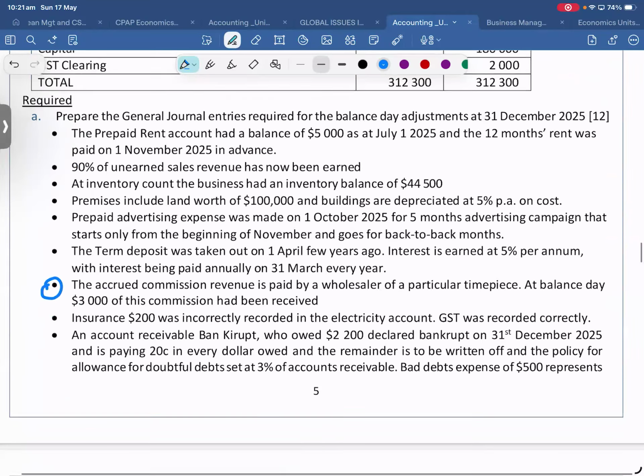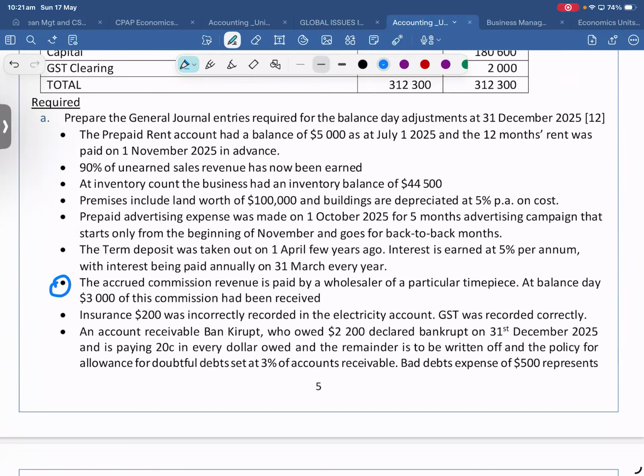If you come across anything in the additional information, out of the trial balance, what does that mean? Before that, if you come across any item in the trial balance, what does that mean? Have they been recorded on the double entry basis, or haven't they?